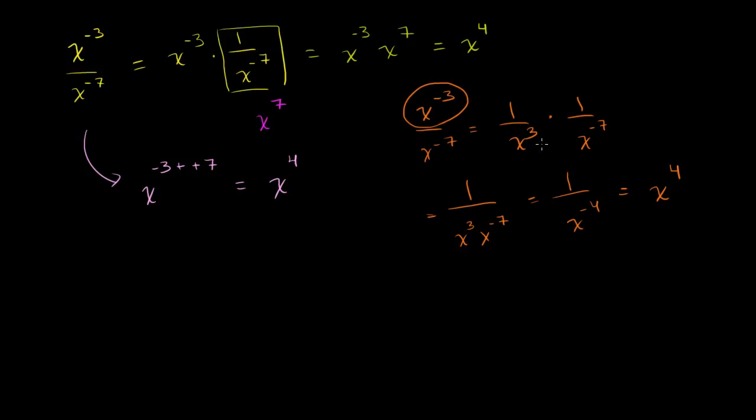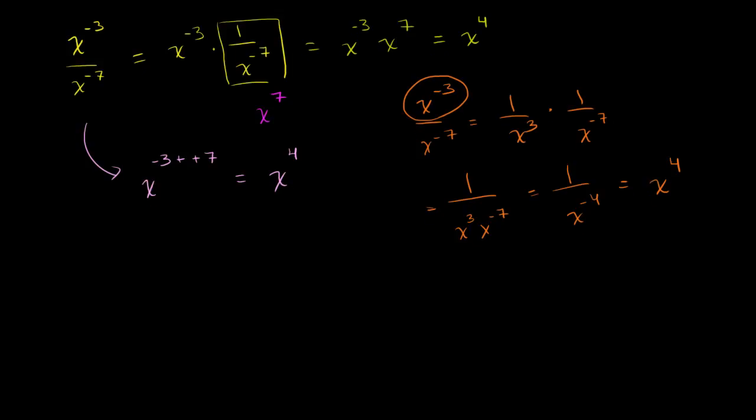Let's do one more slightly hairy one, and then I think we'll be done for now. Let's say we have 3x squared times y to the 3/2 power, and we're going to divide it by x times y to the 1/2 power. Well, once again, this is the same thing as 3 times the x terms right here.